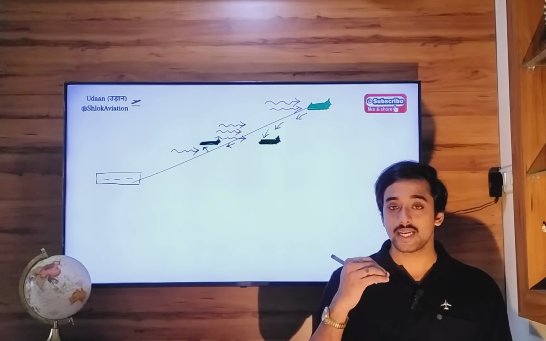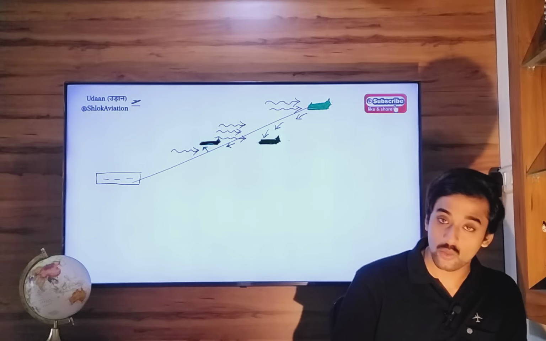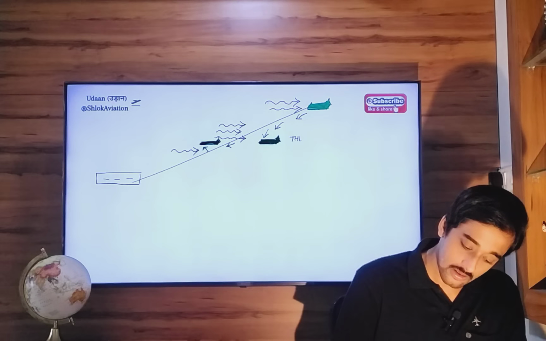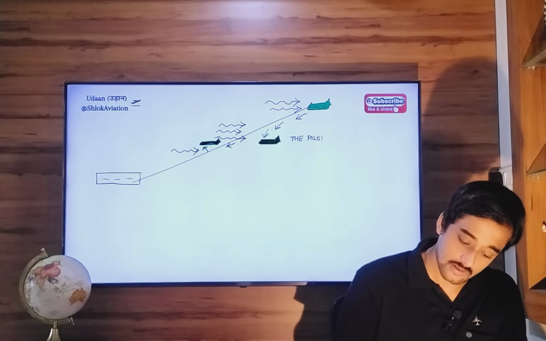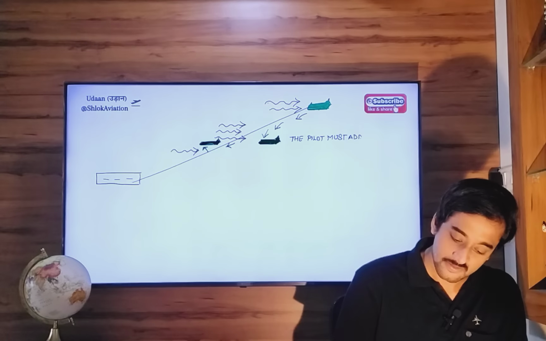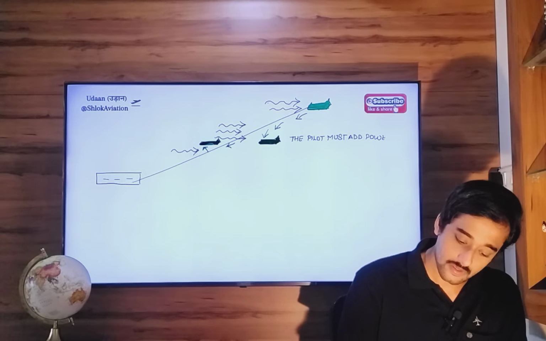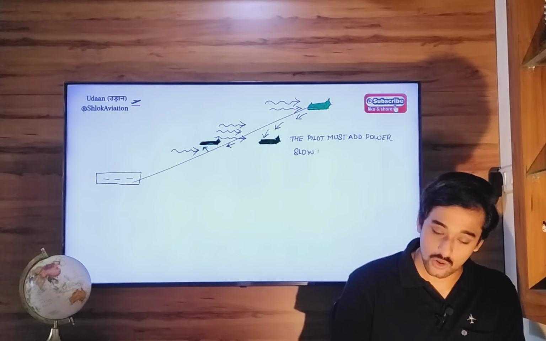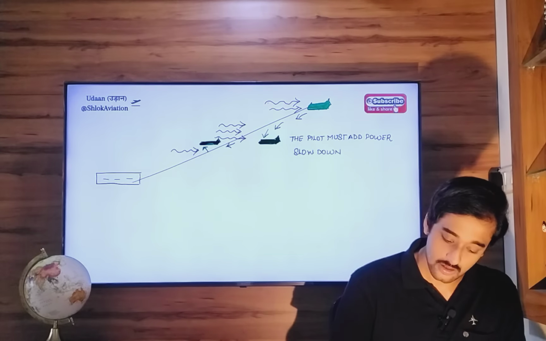When the rate of descent increases in an increase in headwind scenario, the pilot must add power and slow down or decrease his rate of descent.